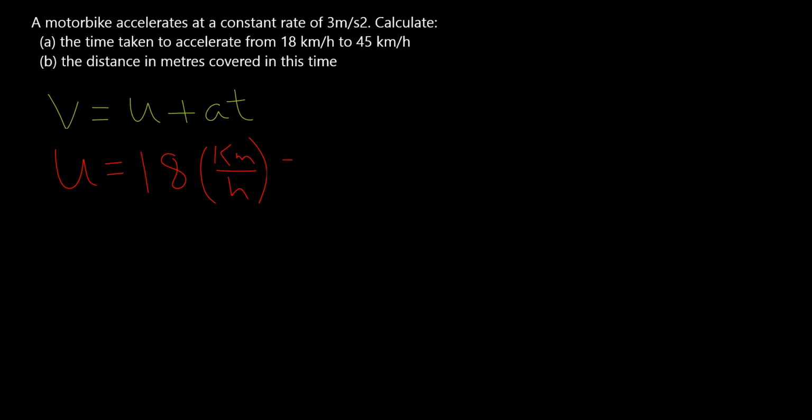So I can rewrite that as 18 times 1,000 meters in place of kilometers and 3,600 seconds in place of hours. And that gives me an answer of 5 meters per second. So 18 kilometers per hour is equivalent to 5 meters per second.